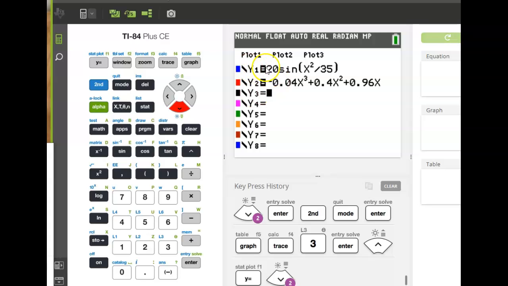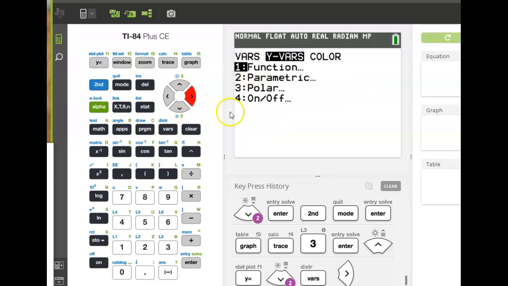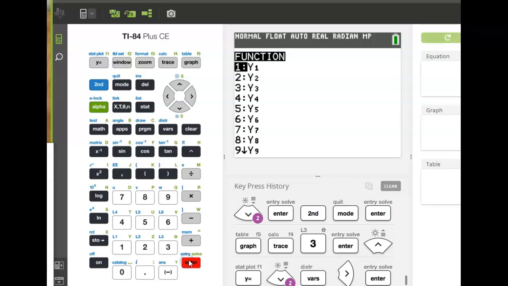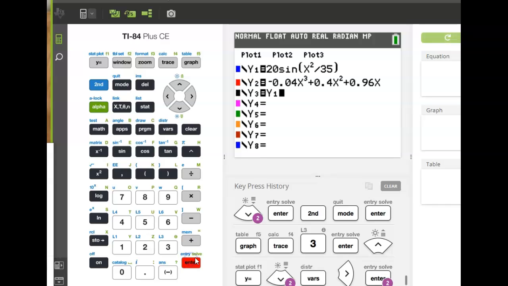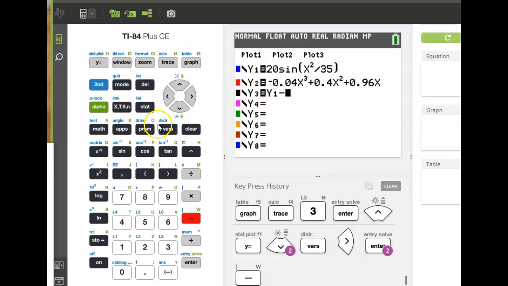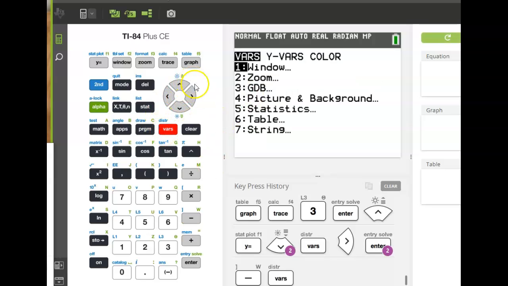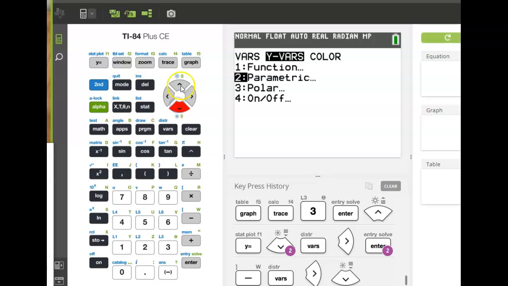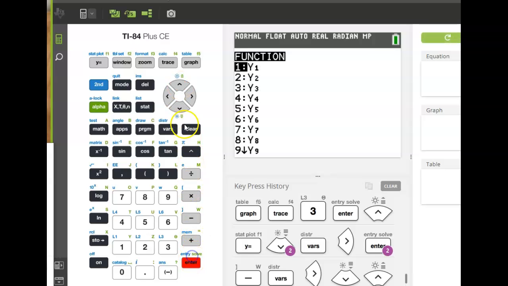What I want is y1 minus y2. So I'm going to go to vars, go over to yvars and function, and select y1. And then I want to do y2. Vars, function, y2.